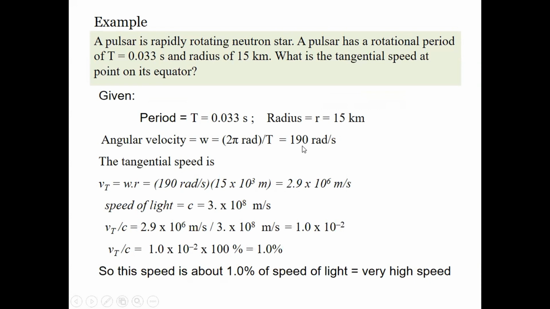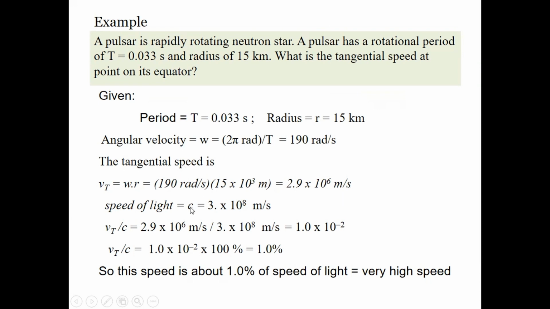So we get the answer as 190 radians per second. Once we know the angular speed, now we can find the velocity. The tangential speed is v_t equal to omega times r. 190 radians per second multiplied by r, which is 15 times 10 to the power 3 meters. So we get the answer 2.9 times 10 to the power 6 meters per second.